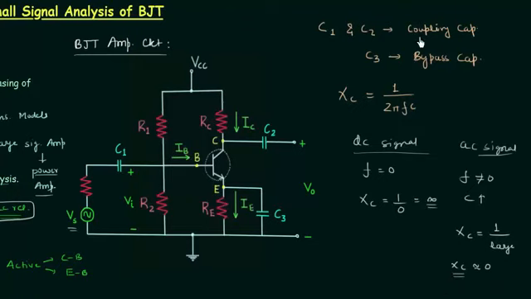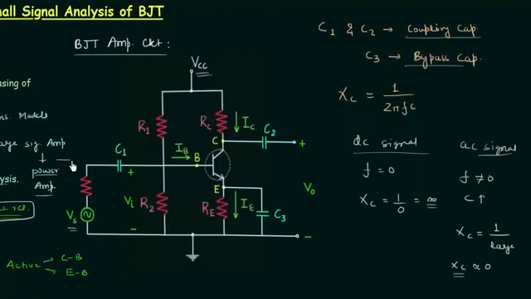Now I will explain why we call C1 and C2 coupling capacitors and why we call C3 the bypass capacitor. C1 and C2 are called coupling capacitors because C1 is coupling the previous stage with this circuit and C2 is coupling the next stage with this circuit, and they are important because we do not want the DC voltage from this stage or from this stage to interfere with the DC biasing voltage, because this will change the operating point.